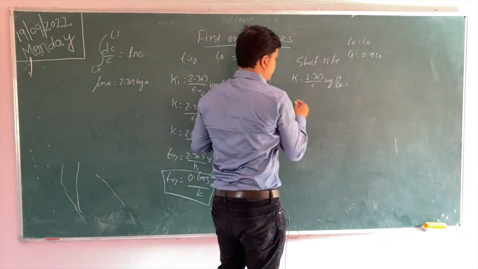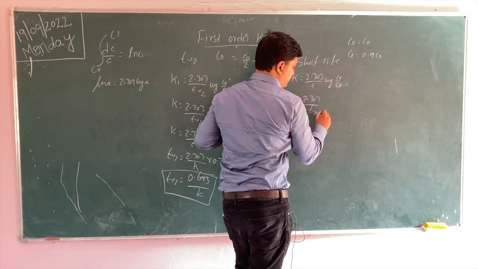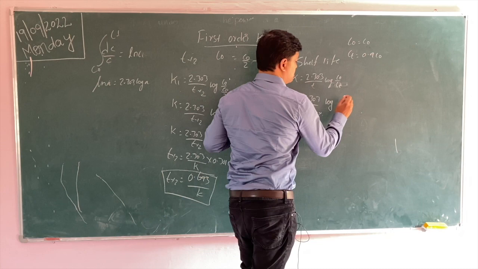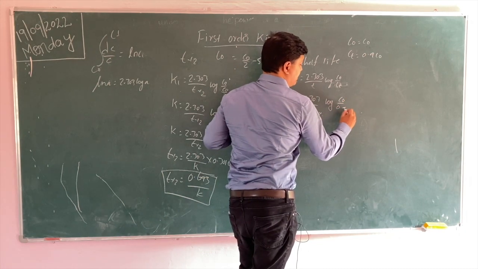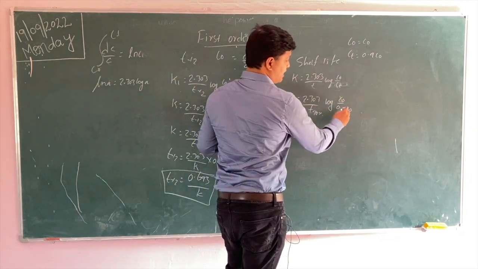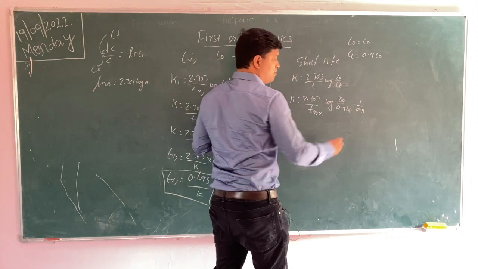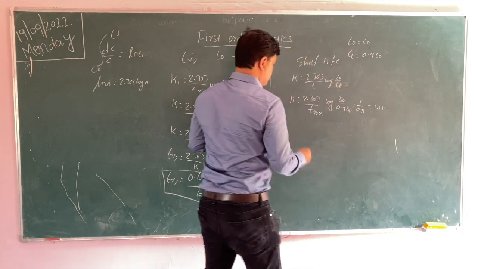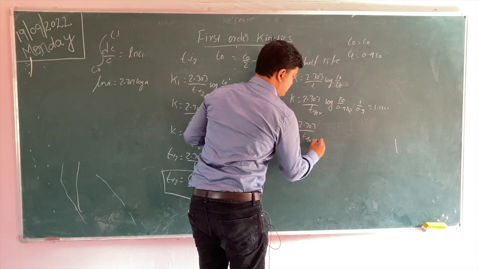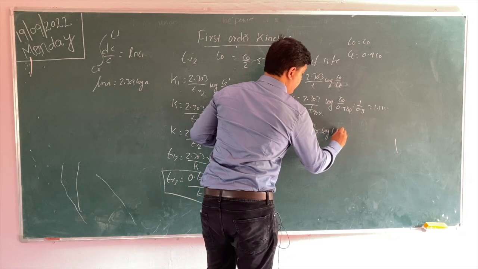So, substitute this equation here. What you will get here is K is equal to 2.303 by T 90%. We represent shelf life as T 90%. So, log C naught by 0.9 C naught, that is what I am substituting. Ct is substituted as 0.9 C naught. C naught will get cancelled. What we are remaining with is 1 by 0.9, which is 1.111. So, K is equal to 2.303 by T 90% multiplied by log 1.111.